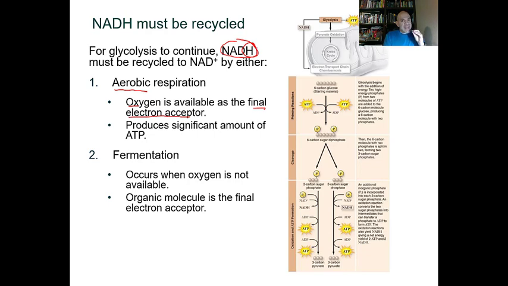We've got to take that into the mitochondria, to the inner membrane for electron transport. When we do that, that's going to take off that proton and that electron and deliver it there. And what that does is regenerate NAD+, the oxidized form, which can go back and be used for more glycolysis. Glycolysis requires the use of NAD+. Remember, we're going to need NAD+ to make NADH.